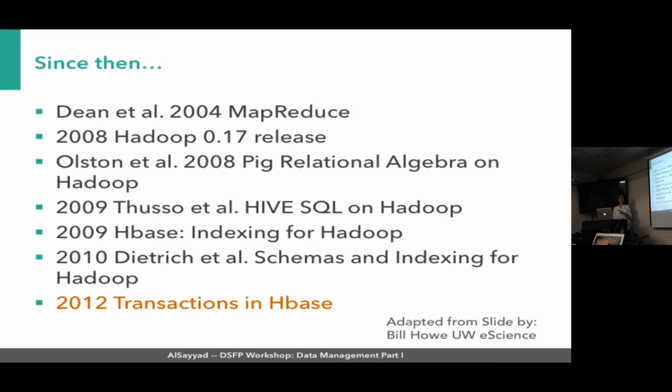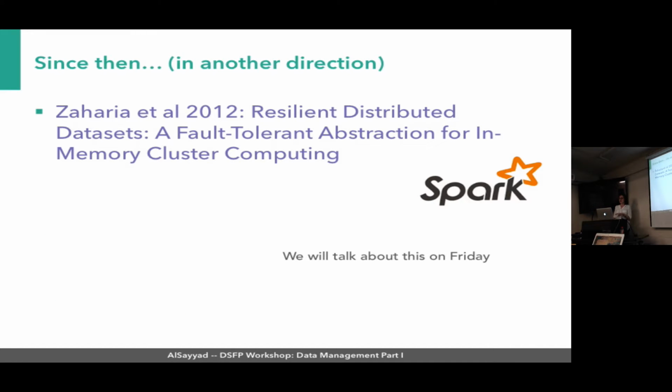There have also been papers that have gone in other directions, notably this paper that started Spark. MapReduce was also limited in that you would run a job, but had no access to the intermediate results.